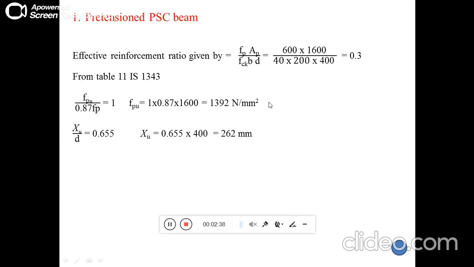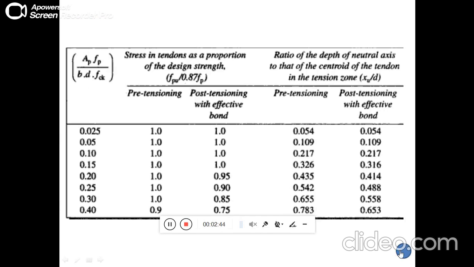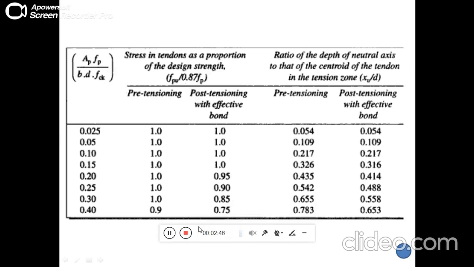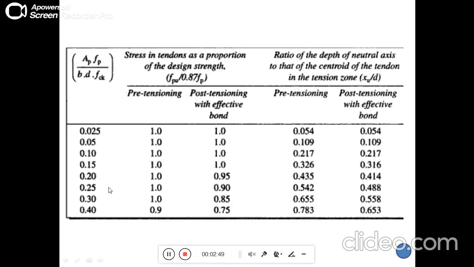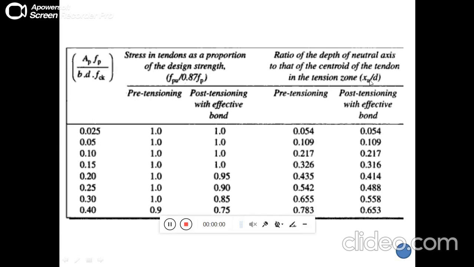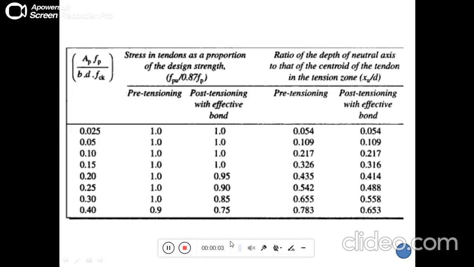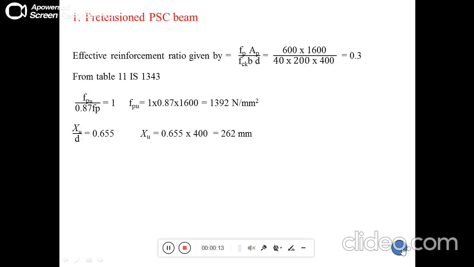So from table 11 of IS 1343 for the value 0.3, here you can see for 0.3 the value of FPU by 0.87 FP is 1 for pre-tensioning case, and XU by D for pre-tensioning case is 0.655. So from this data, FPU by 0.87 FP is 1 and XU by D is 0.655.